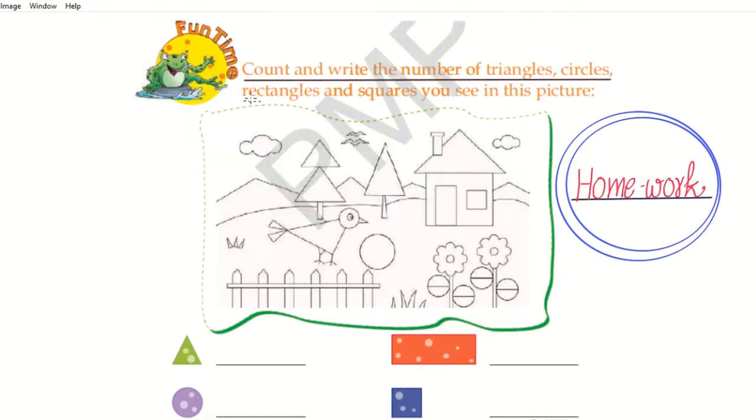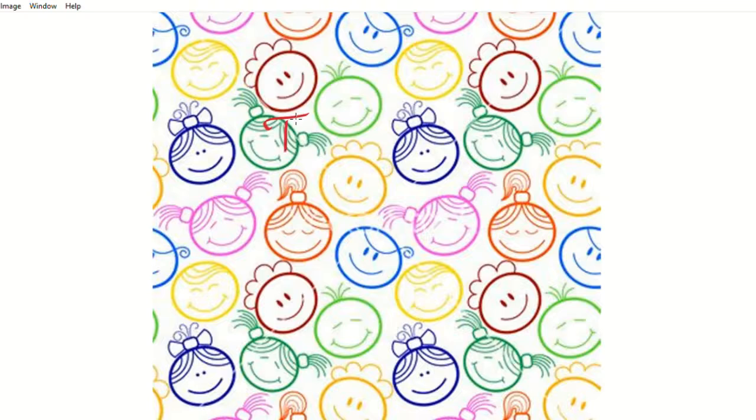Children, you will be counting the number of triangles, circles, rectangles, and squares in this picture and write it here in front of triangle, circle, rectangle, and square. Children, today we have done from English Grammar Book, Unit 5, One and Many.